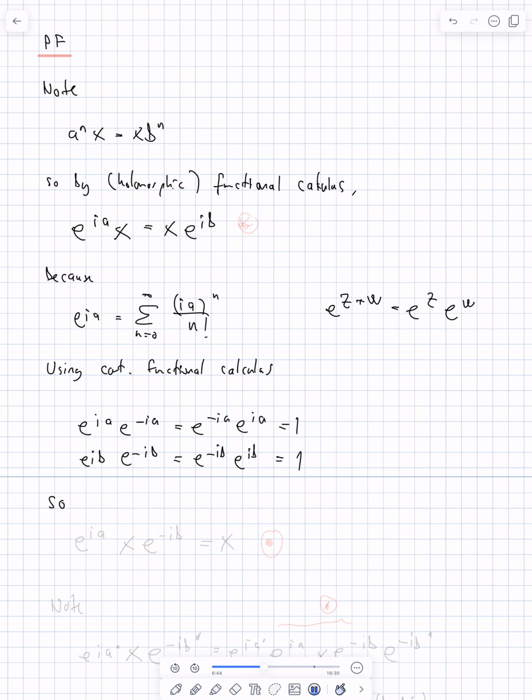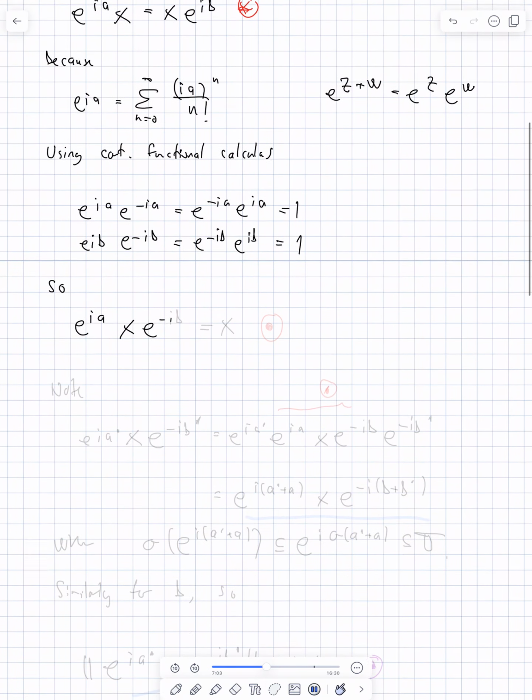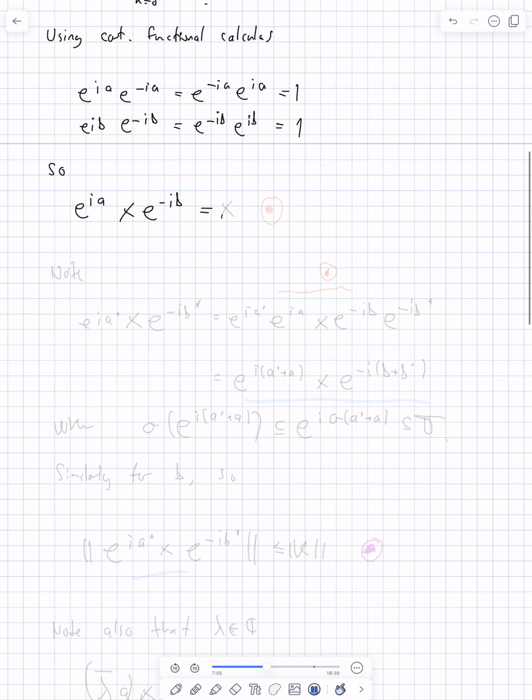So a nicer way of writing this equation is to put on an e to the iA x, e to the iA, and then x, and then e to the minus iB is the same as x. Right, so I'll call this dot, and this is what we're going to work with.